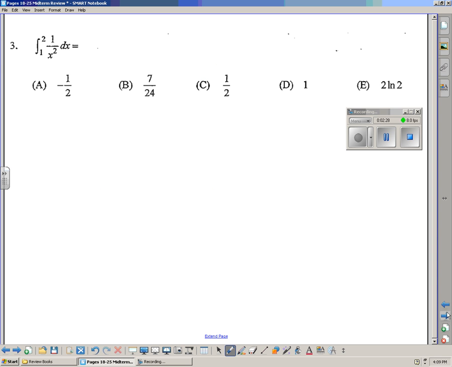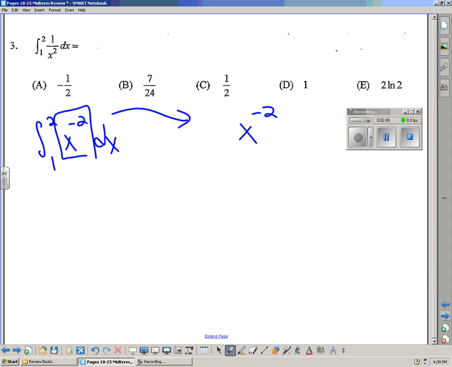All right, number 3, we have the integral from 1 to 2 of 1 over x squared dx. This is something we'll also be doing next week. If you want to evaluate an integral algebraically, what we do is find the antiderivative of x to the -2. We do the power rule in reverse.